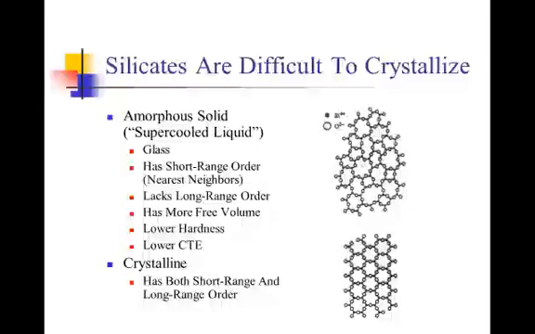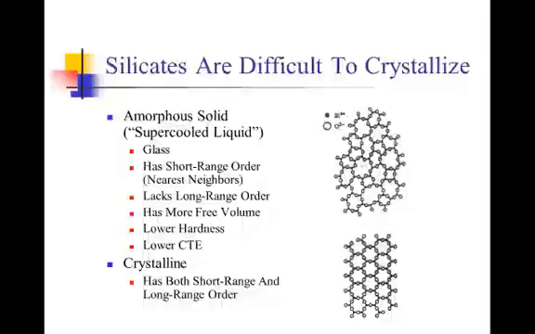If we have a non-silicate ceramic and we melt it and cool it rapidly, it will behave fairly similarly to a metal. It will tend to automatically form lots of microscopic crystals in the structure upon cooling, and we would expect it to be fully crystalline after it solidifies.